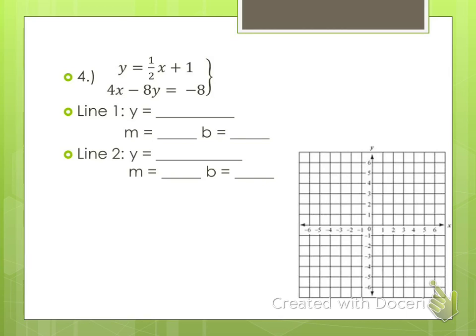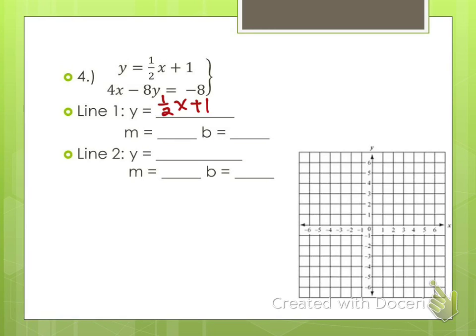All right, I like number 4 because what's special about my first line? It's already done. It's already got y by itself. They did some of the work for me. So, if y is already by itself, I don't have to do anything to change it.